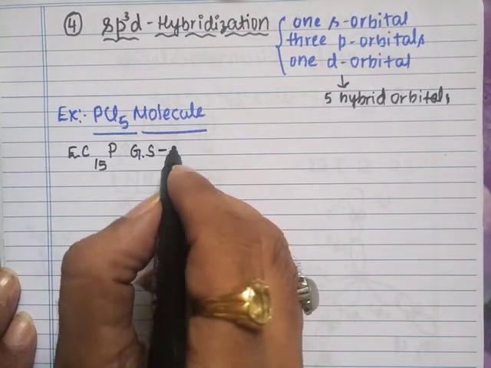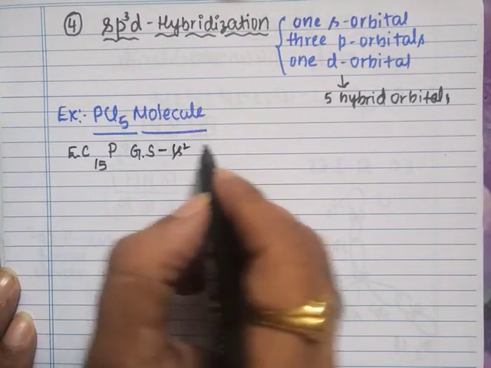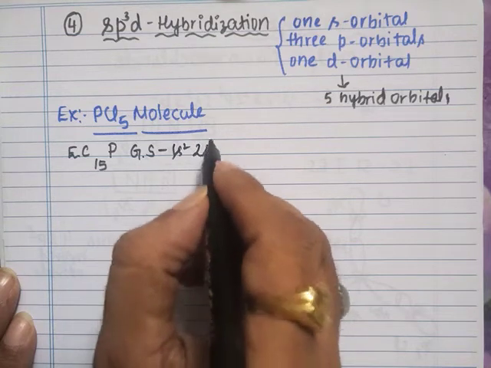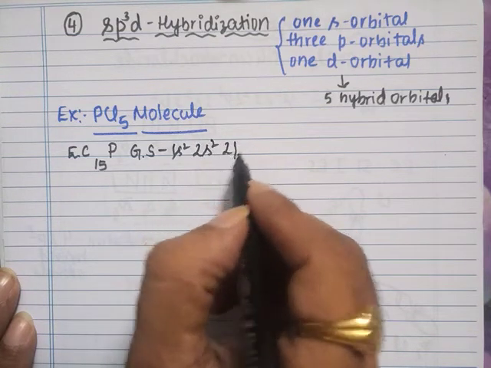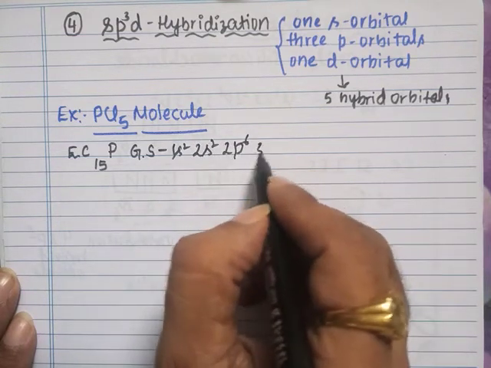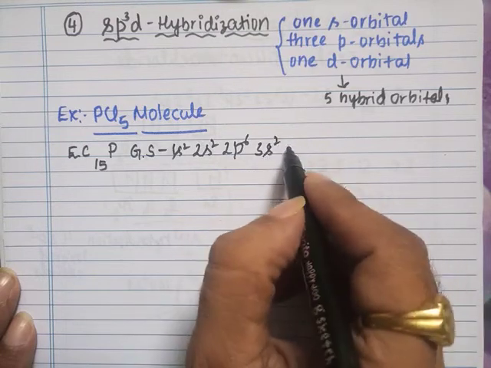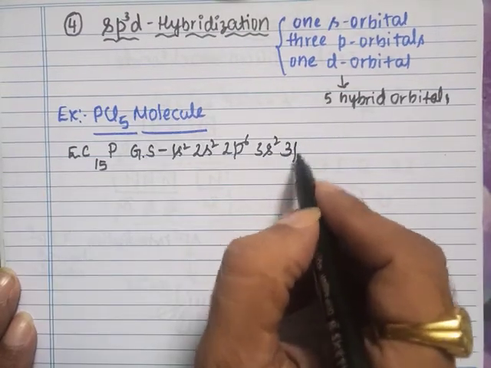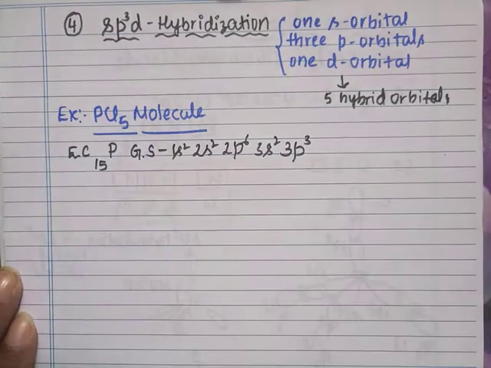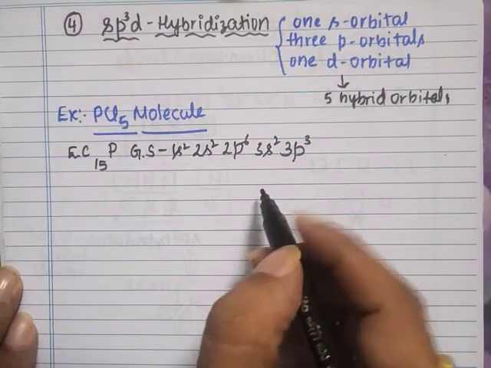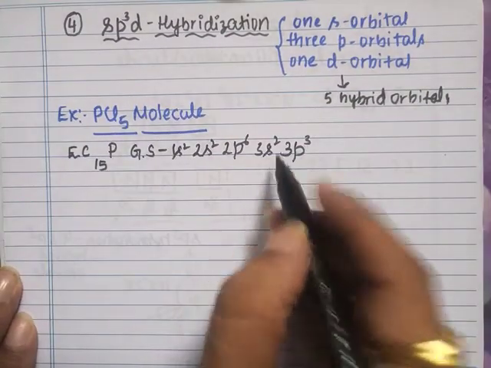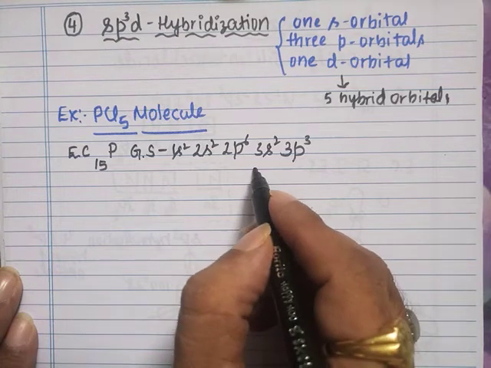Its electronic configuration is 1s2, 2s2, 2p6, 3s2 and 3p3. So the phosphorus atom contains 5 valence electrons.